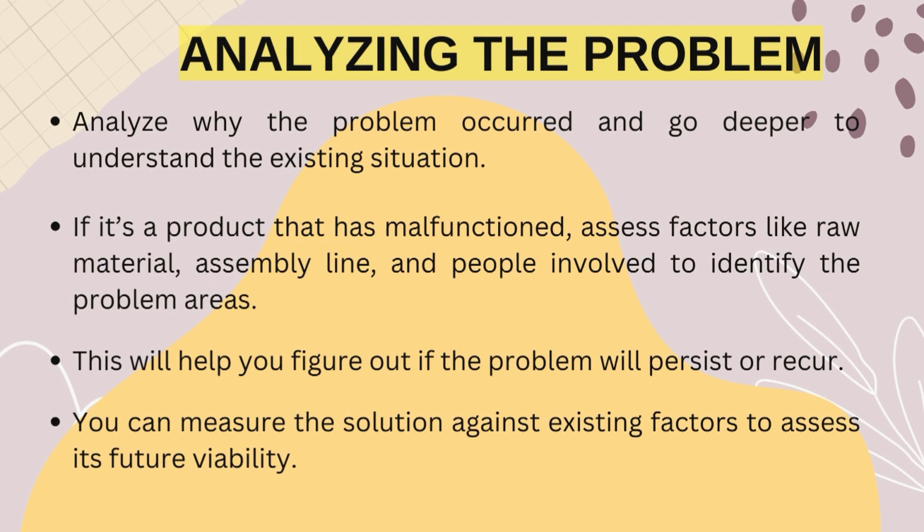If you have made some kind of product and it is not functioning properly, then assess factors like raw material, assembly line, and people involved to identify the problem areas. This will help you figure out if the problem will persist or reoccur. You can measure the solution against existing factors to assess its future viability.